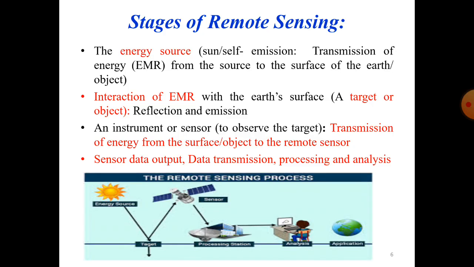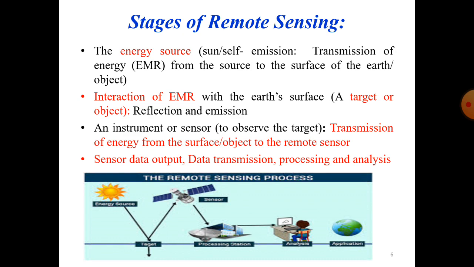So now we will understand the stages of remote sensing. First of all, to record information of an object, the object should be visible. So the object should be present and it should be visible. Visibility of an object requires an energy source or a light source.